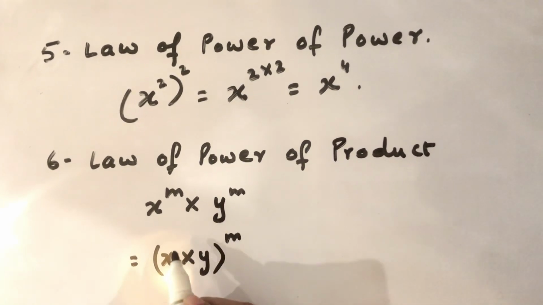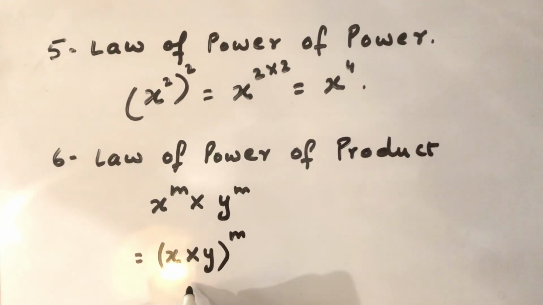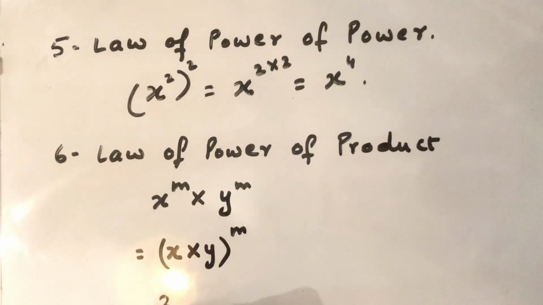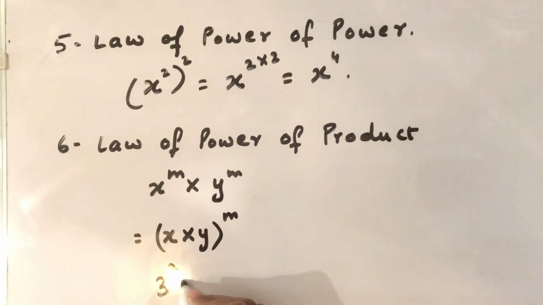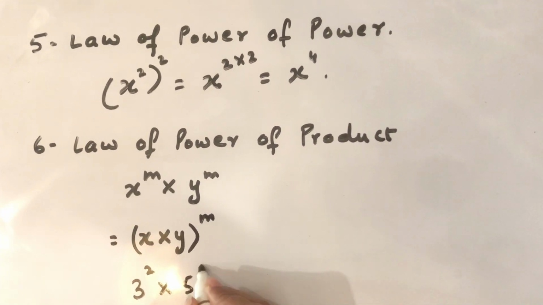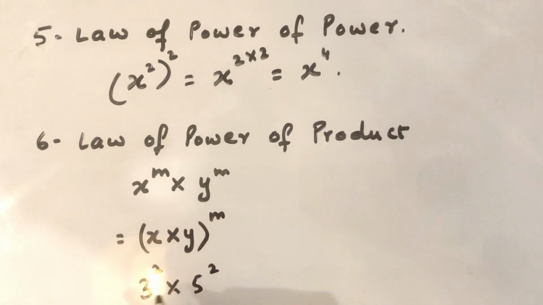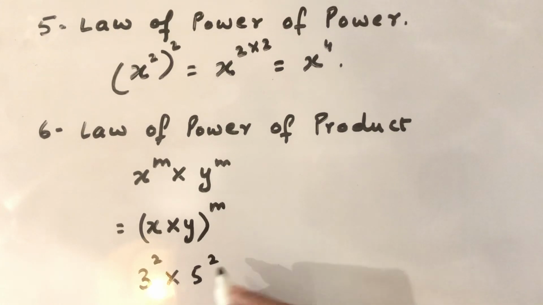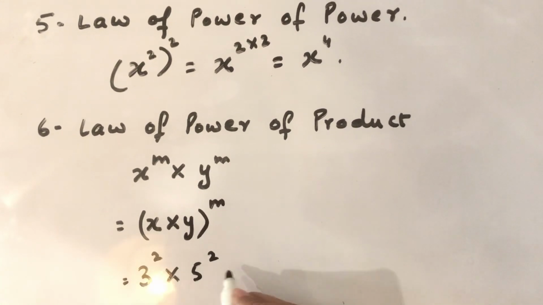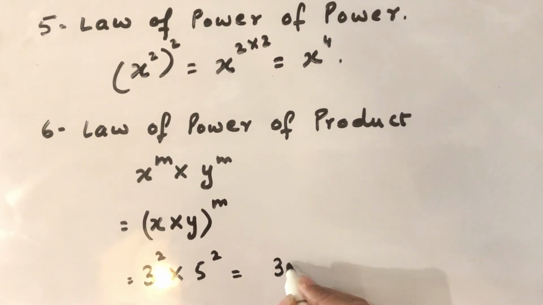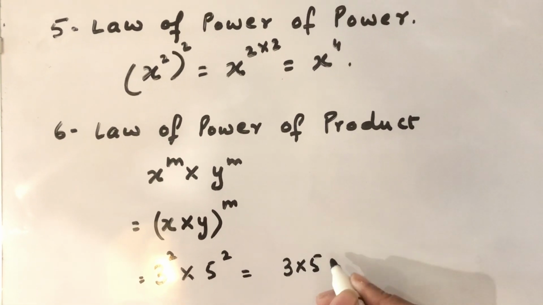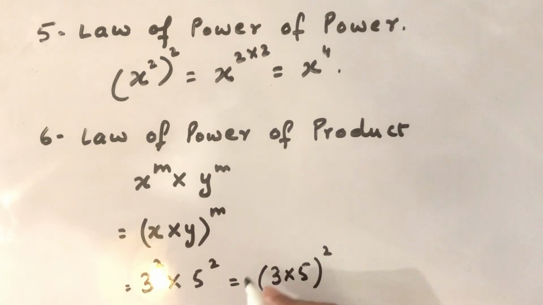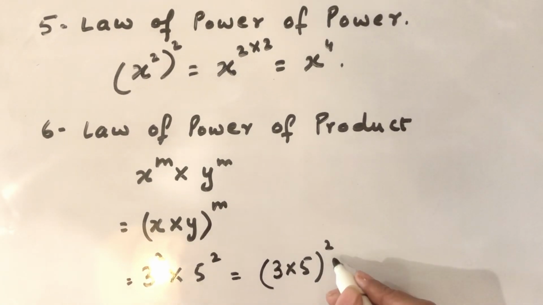For example, we have 3 square multiplied by 5 square. Here also the bases are different but their powers are same, so in this case we can write 3 multiplied by 5 whole square. Power of the product.